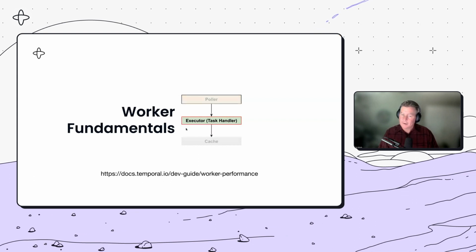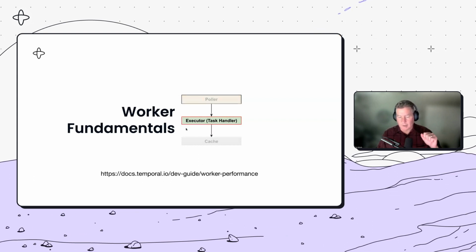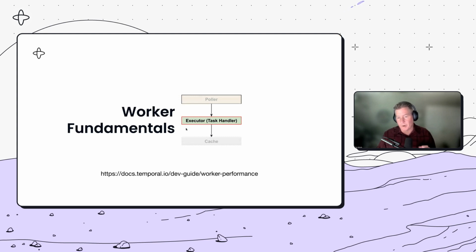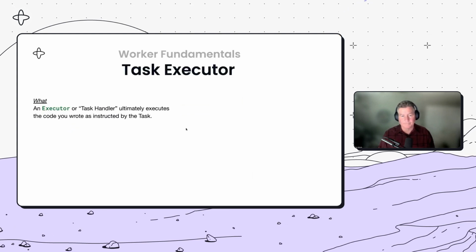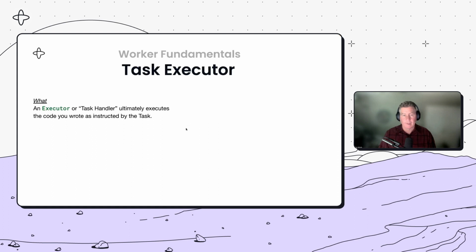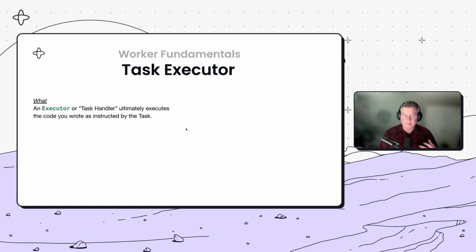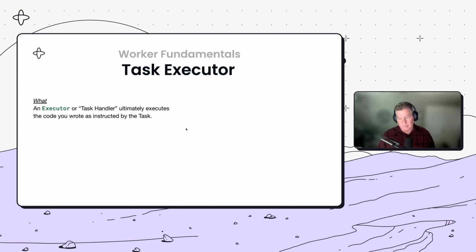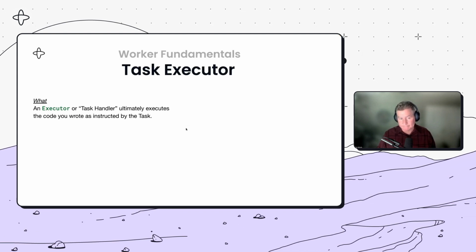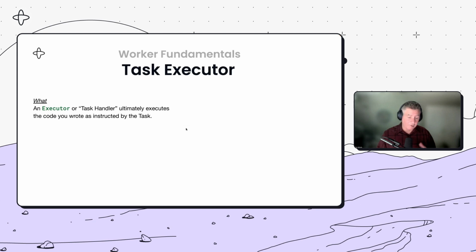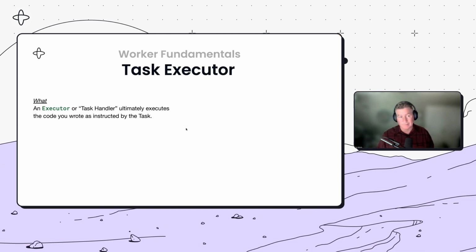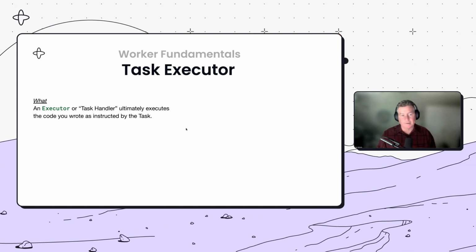To do that, I'd like to start on the doer, the actual thing that's doing the work: the task handler, the executor. A task executor is something that's going to ultimately process the task and execute the code inside of your worker process. So you're writing your activity code or your workflow definition, and this is the thing that's actually executing that.